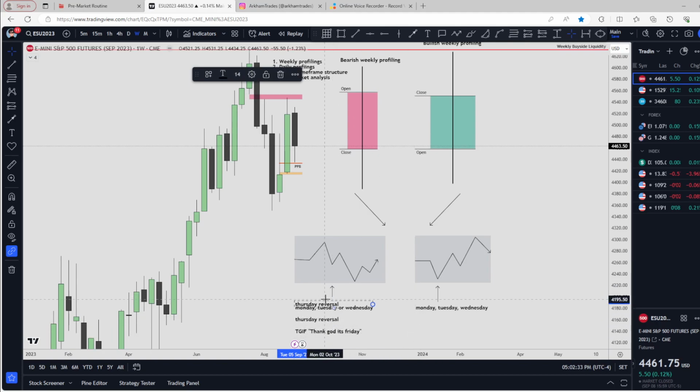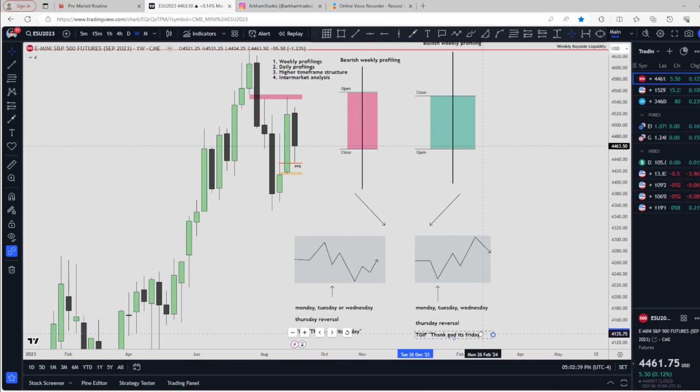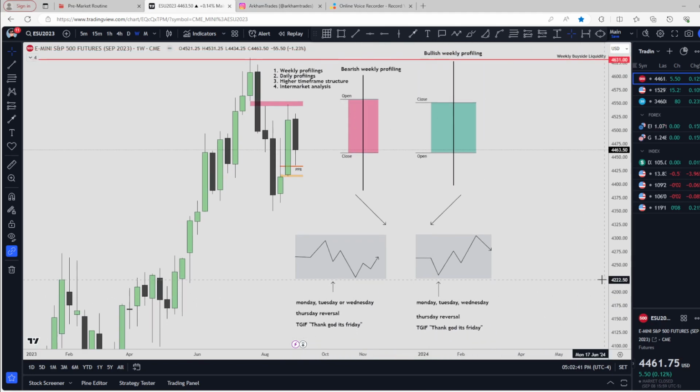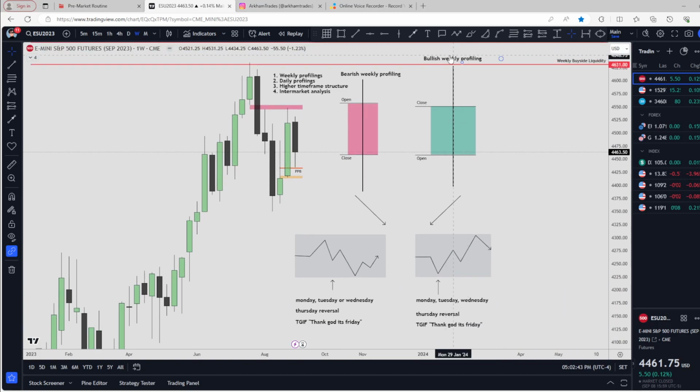And same thing for a bullish week. So you have your weekly profilings, which is in the shape of a candlestick and in the shape of the entire weekly time frame.